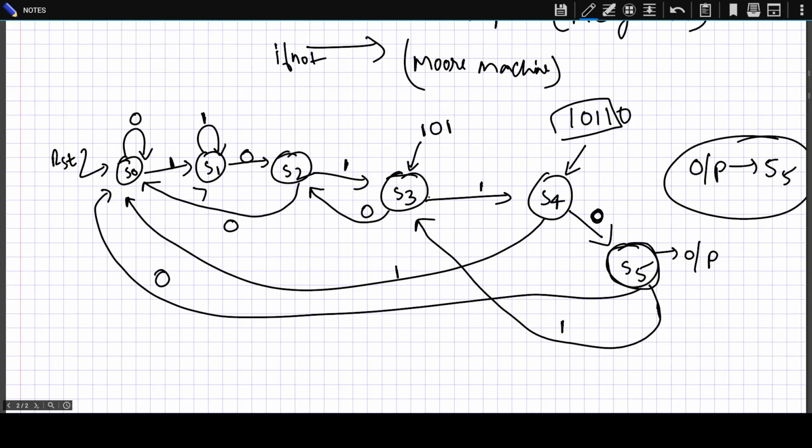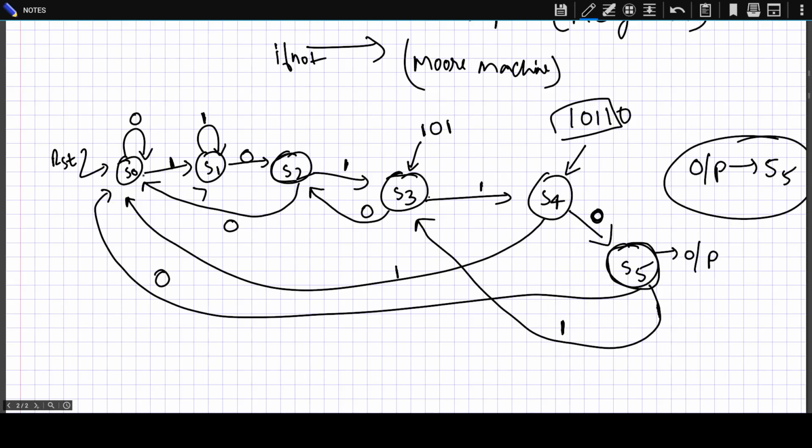is a clone of the state S2, because it is doing the same functionality. If S5 and S2 were overlapped, then if we get a 1, we were moving to S3. Same here in S2, if you get a 1, move to S3. If you get a 0, go back to S0. Same here, if you get a 1, move to S3.